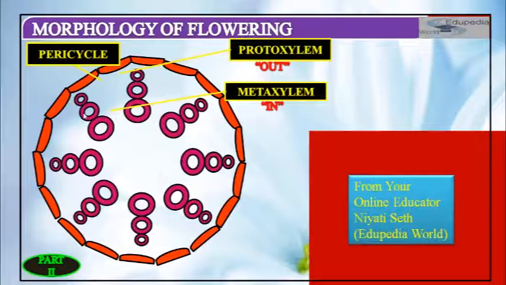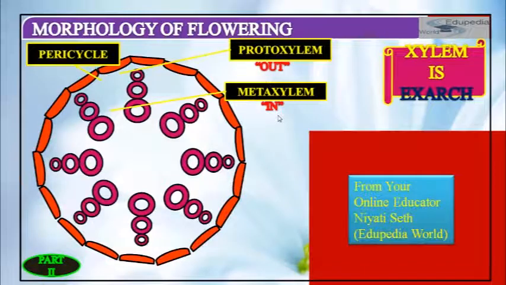Students, please note that protoxylem here is situated outside and the metaxylem is situated inside. When protoxylem is present outside and metaxylem is present inside, then that is known as exarch. So the xylem in monocot root is exarch, just like dicot root.